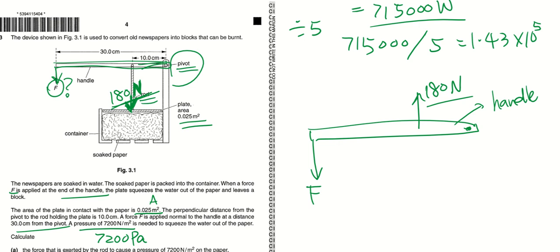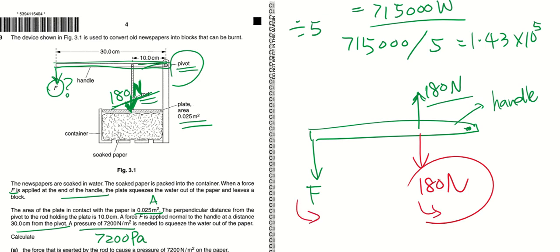Okay, why do I have to say this? Because if I still draw my 180 newton downwards, then later on when we calculate moments, it will look very strange because both of these moments are going to be anti-clockwise. So there's no clockwise moment, then you'll be thinking sum of clockwise moment is 0, sum of anti-clockwise, there's a value. Then how can it be equal?